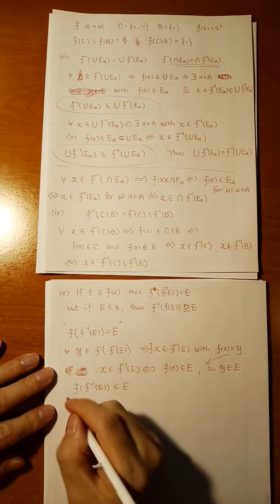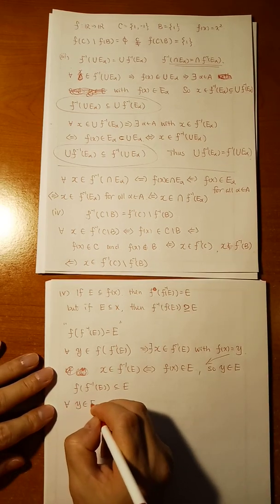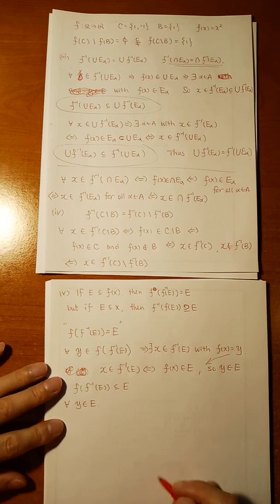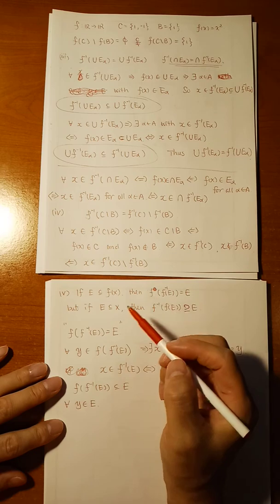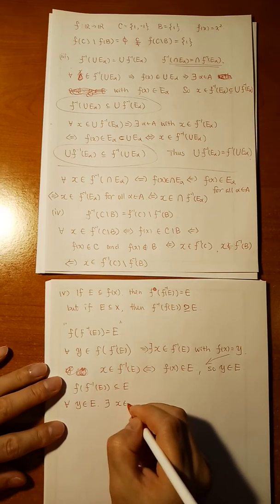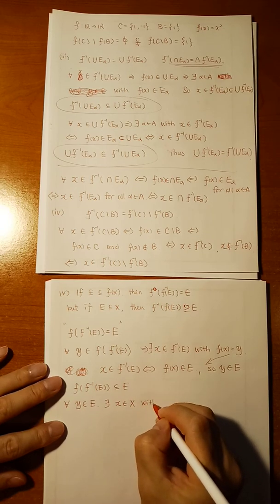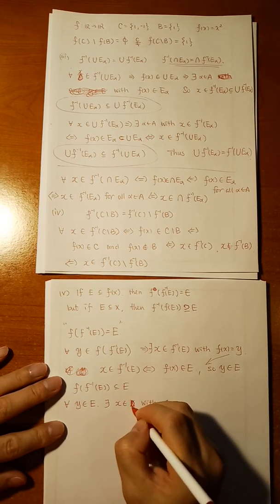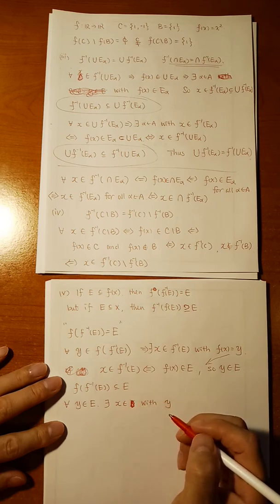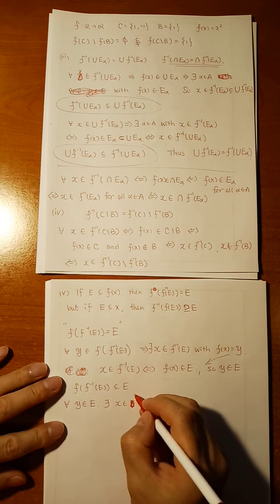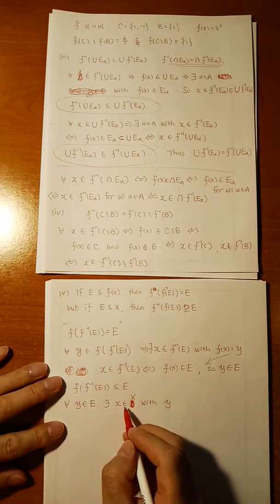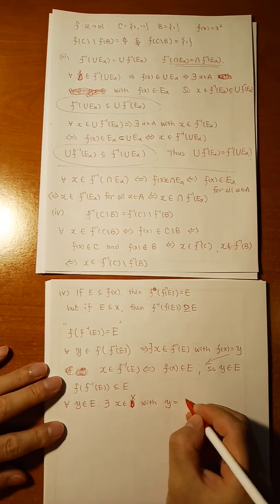The other direction, for all y in E, what does it mean? E is in the image of f. So there exists x in the set X such that y is f(x).